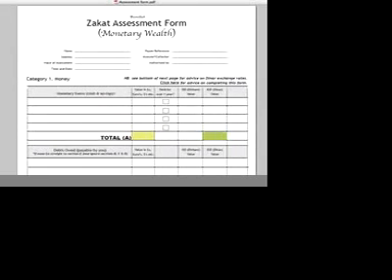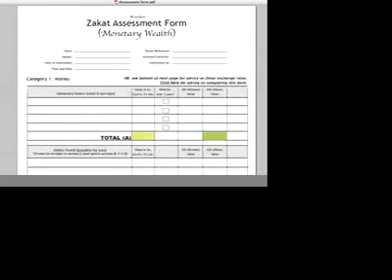Now of course we have different types of zakat. We have the zakat on livestock animals, the zakat on agricultural produce, and the zakat on ayn, or monetary wealth. The monetary wealth is often called the hidden wealth.